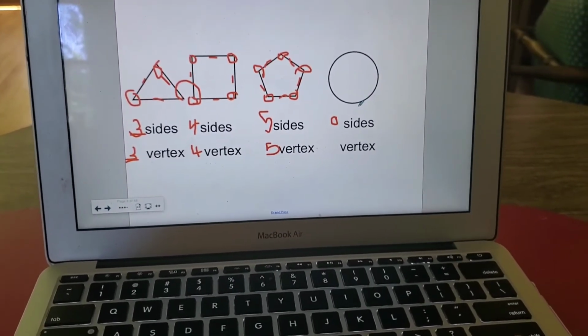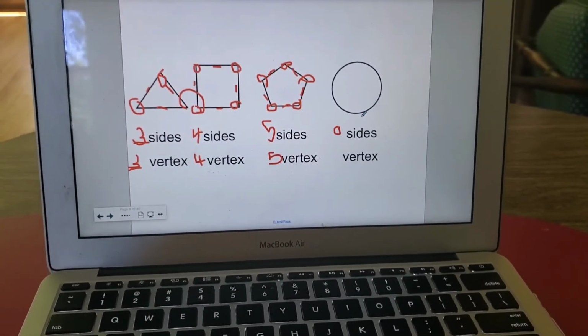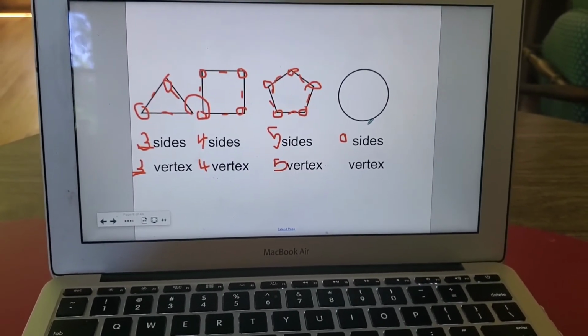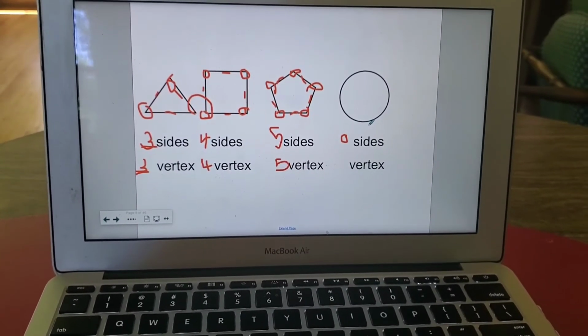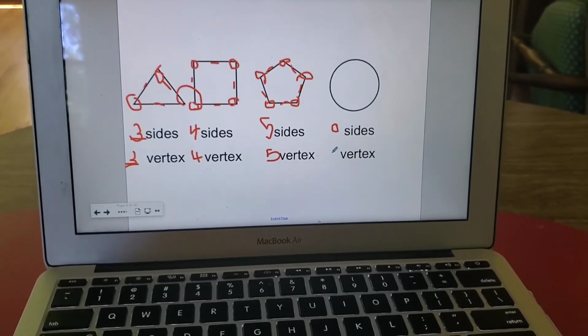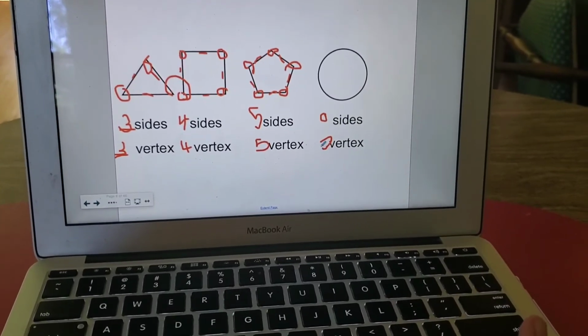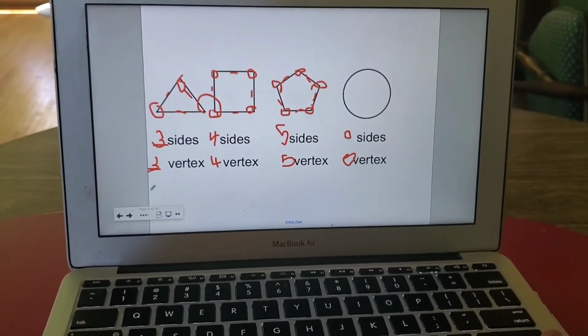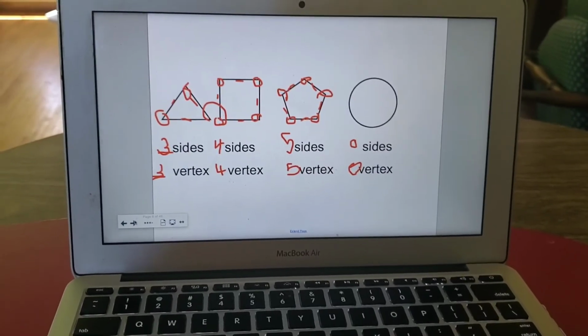And does it have any vertices? Because we know that a vertex is a corner, and a corner means when 2 sides meet. So if there are no sides, then that means there are no vertices. How cool is that? Pretty awesome, right?